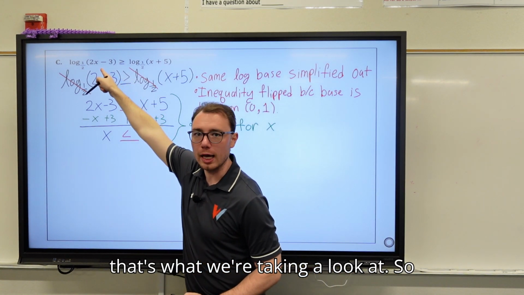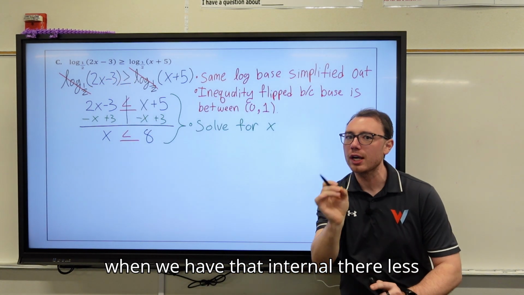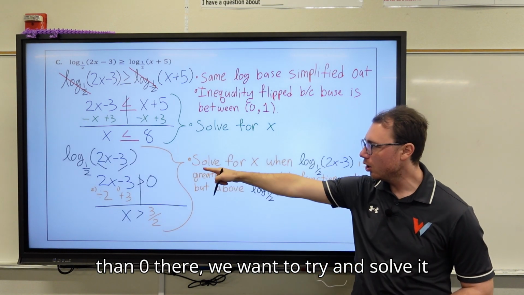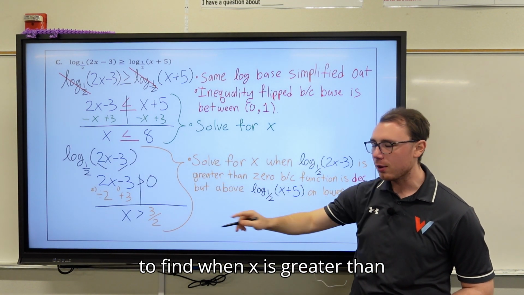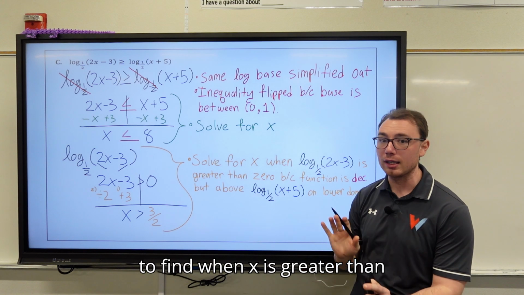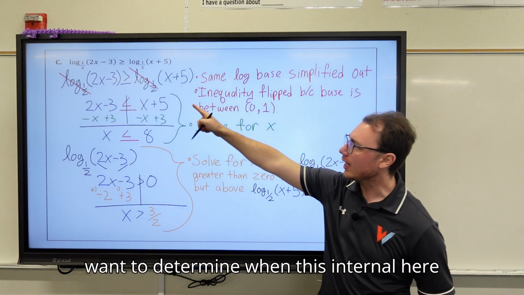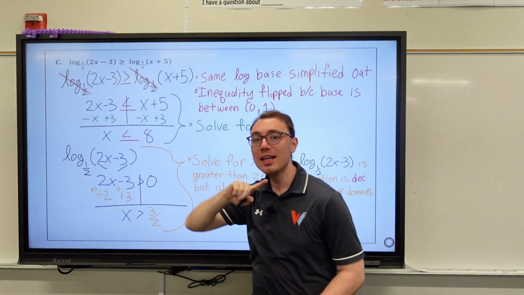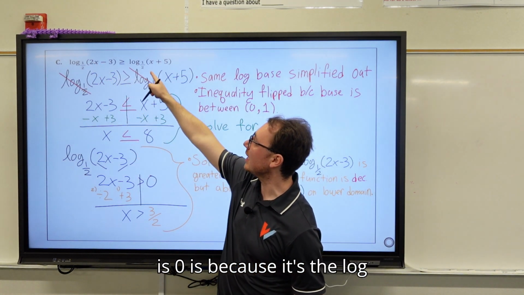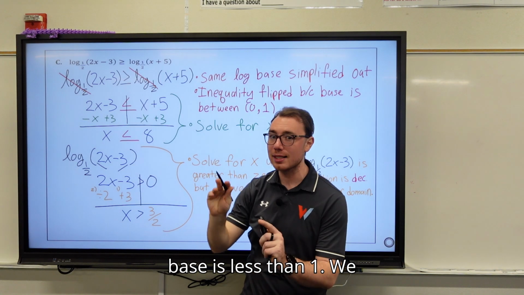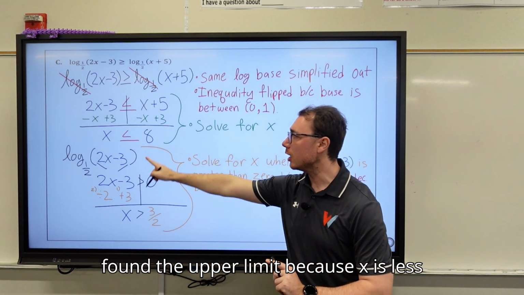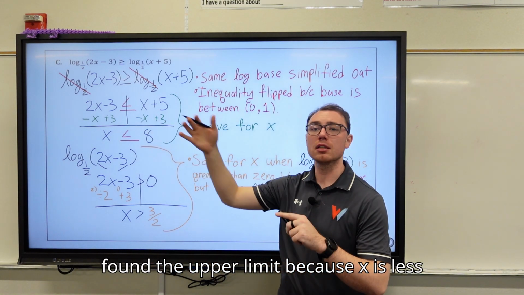So when we have that internal less than 0, we want to try and solve it to find when x is greater than 3 over 2. The reason why we want to determine when this internal here is 0 is because the log base is less than 1. We found the upper limit because x is less than 8.